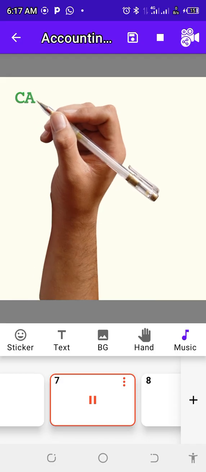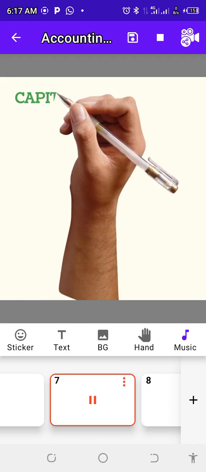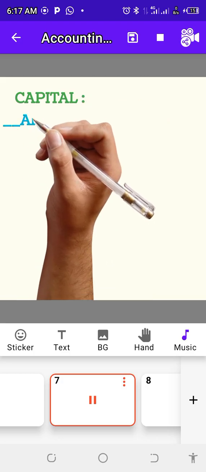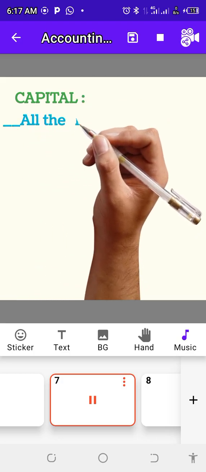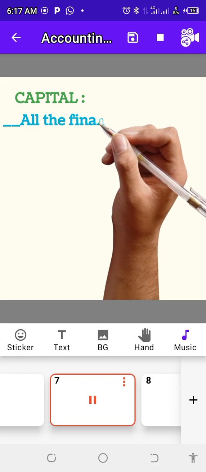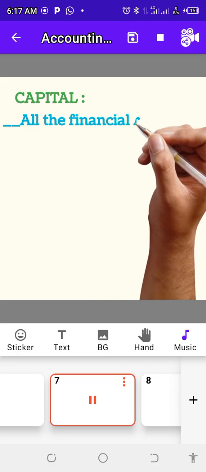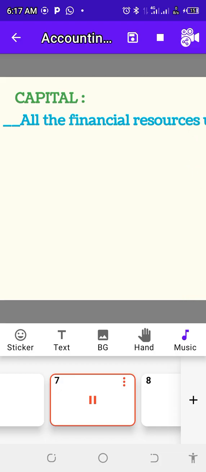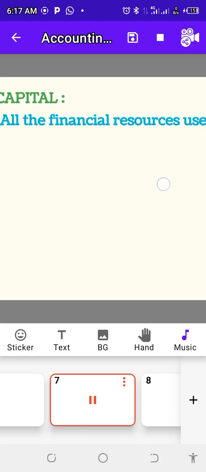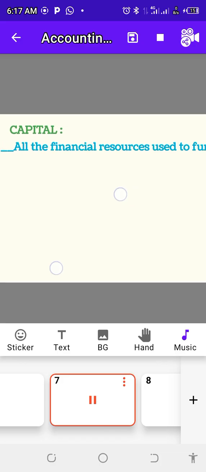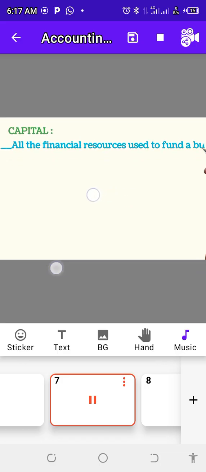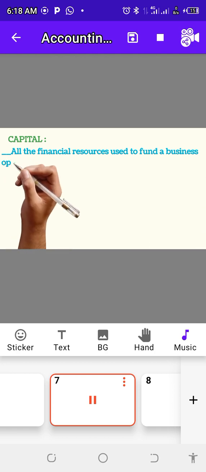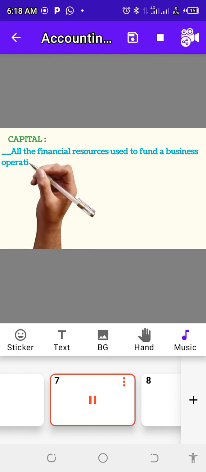Now we are going to take a look at what capital is. Capital is all the financial resources used to fund a business, a project, a company, or a business operation and growth.